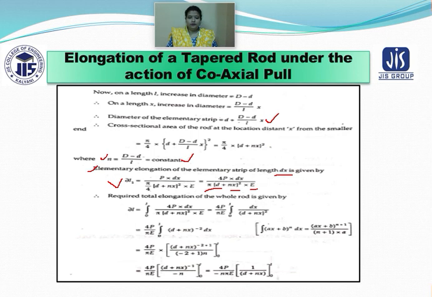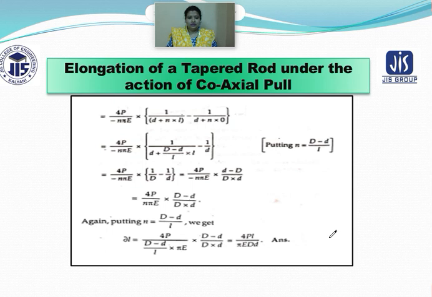It can also be written as the integral from 0 to L of (d plus nx) to the power minus 2 dx. After calculating the entire thing, the final value that you have received is 4P by pi n E into (capital D minus small d) by (capital D into small d).